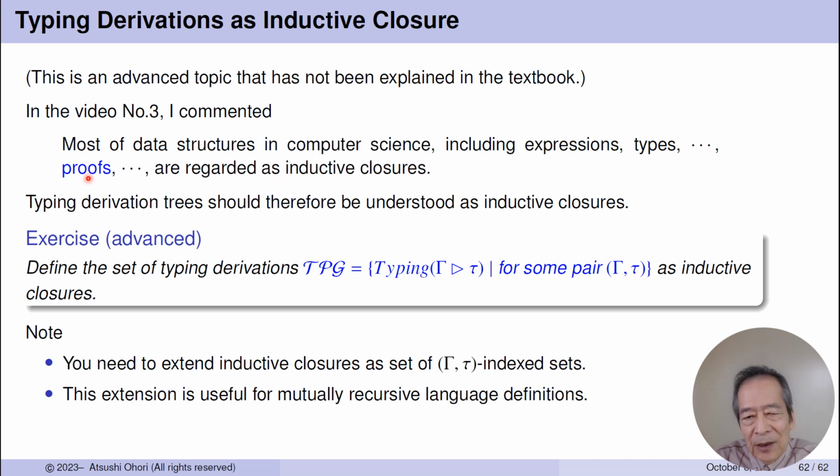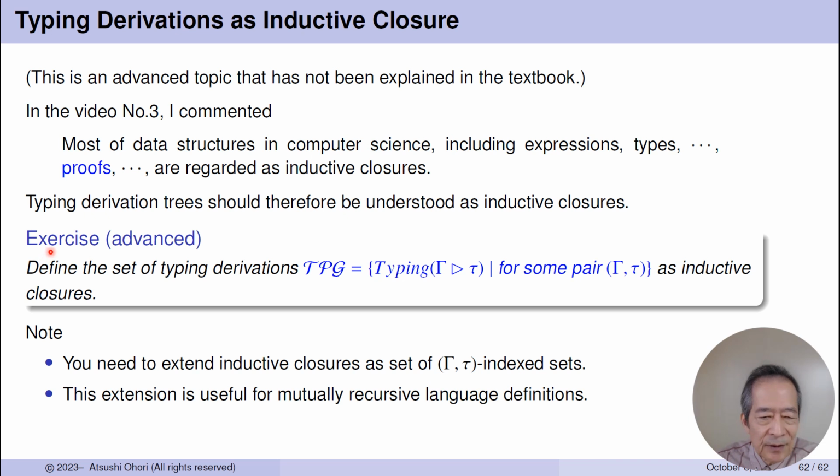Now we understand that proofs are a kind of derivation object, and in the case of type systems, proofs correspond to typing derivations. Therefore, under this view, typing derivation trees should be regarded as inductive closures, right?